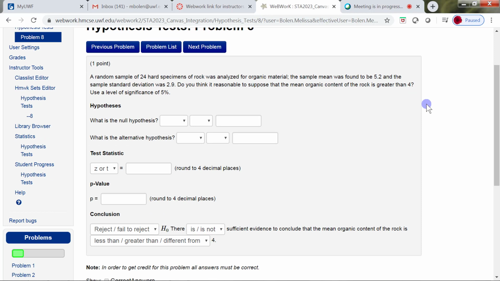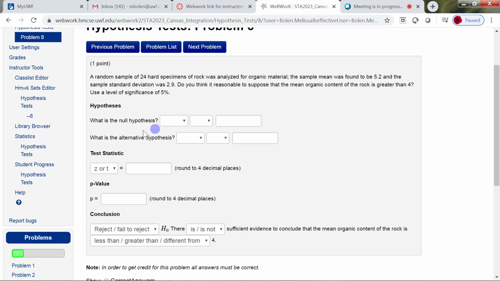It says a random sample of 24 hard specimens of rock was analyzed for organic material. The sample mean was found to be 5.2 and the sample standard deviation was 2.9. Do you think it's reasonable to suppose that the mean organic content of the rock is greater than 4? Use a level of significance at 5%.